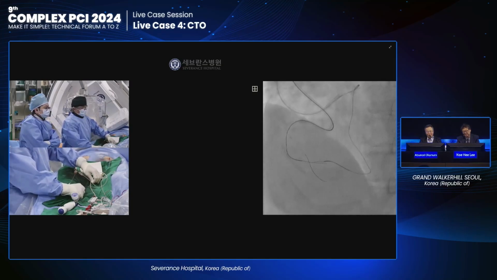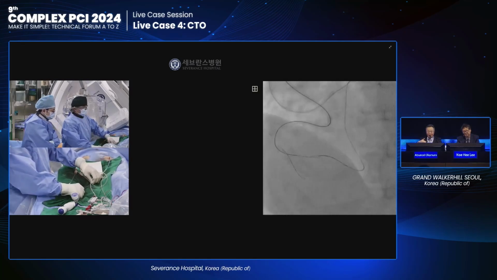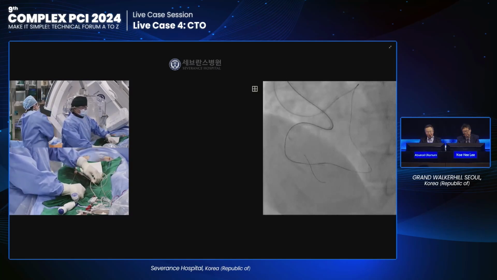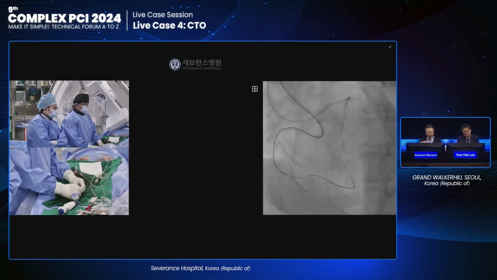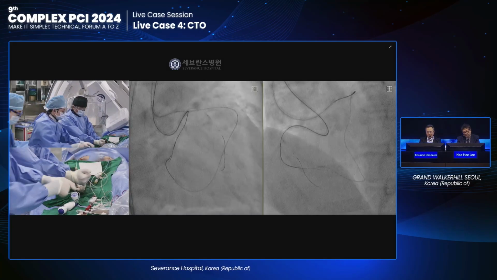Just one kissing point, but I think it is better to kiss in parallel at the proximal part. So maybe I will advance the retrograde guide wire like a Gaia to kiss the antegrade wire more proximally. Next one. Yep. I will change.